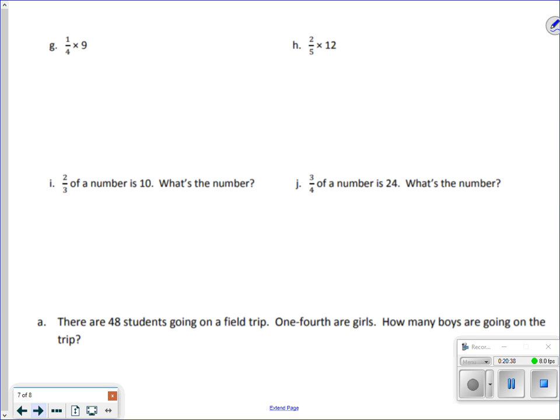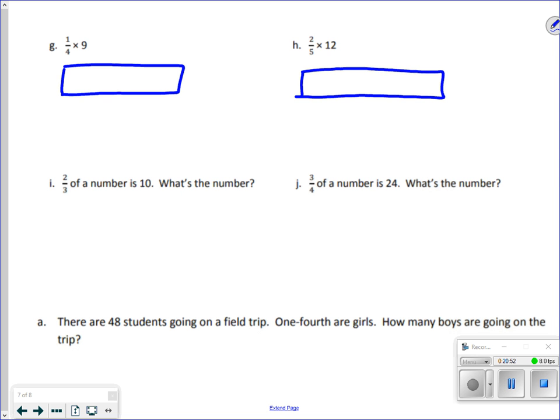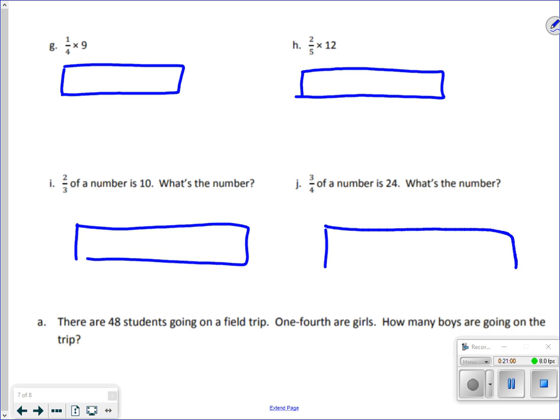Okay. So I want you, for just a few minutes, to do bar models on G and H, because it's good practice. Sometimes you're going to need to know how to do it.